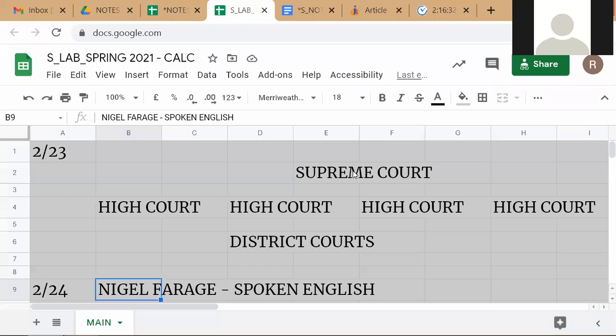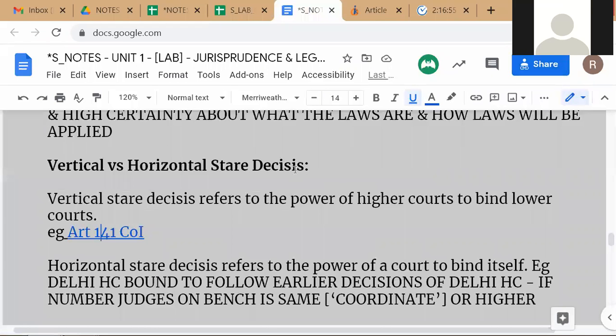This is an example because it is applying vertically. Stare decisis, the doctrine of judicial precedent, means a previously decided case on a similar matter is applied to decide the current controversy, and so we don't have to rehash the whole discussion. We can just decide it according to the previous case, right?